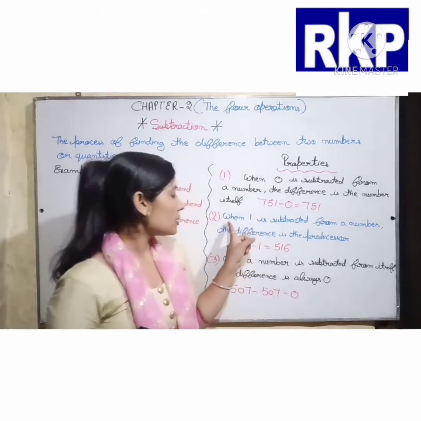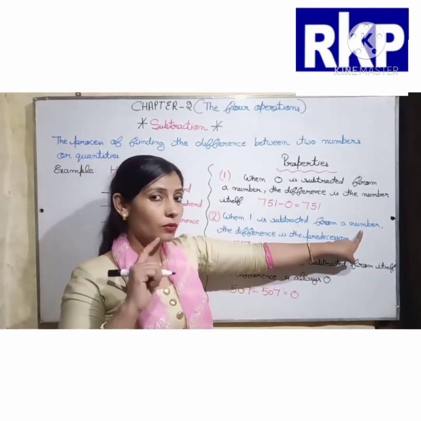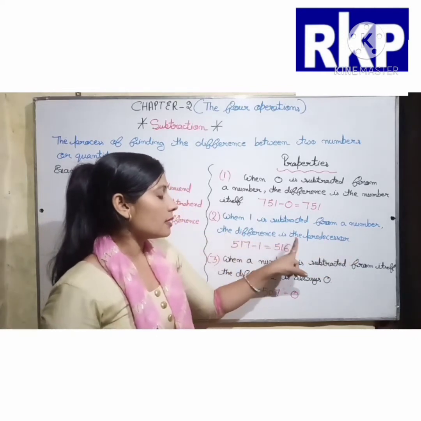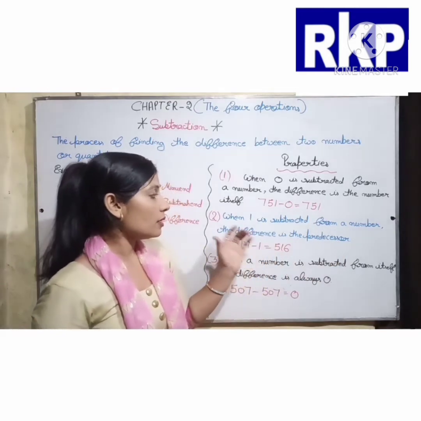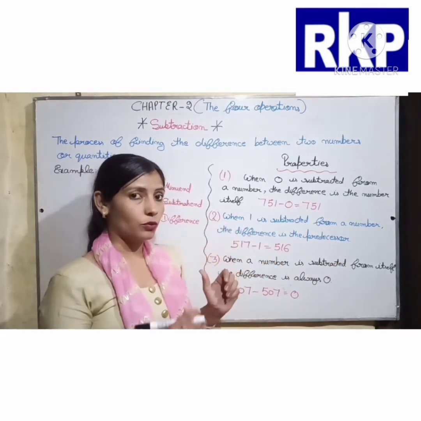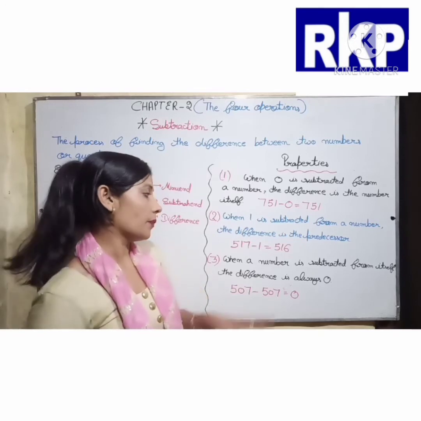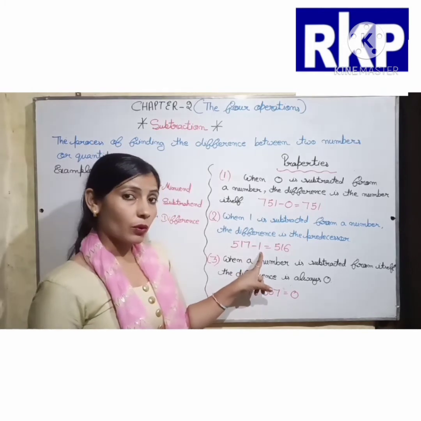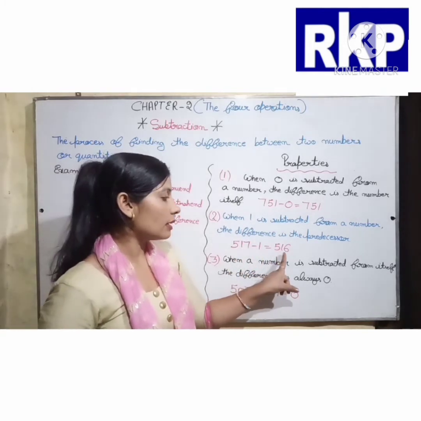The next property is when 1 is subtracted from a number, the difference is the predecessor. Okay, it means when we subtract 1 from a number, we get the predecessor as an answer. Here you can see, if we subtract 1 from 517, then we get 516.